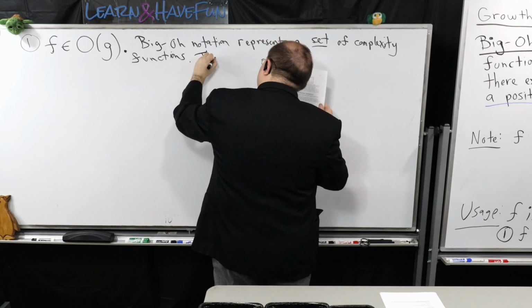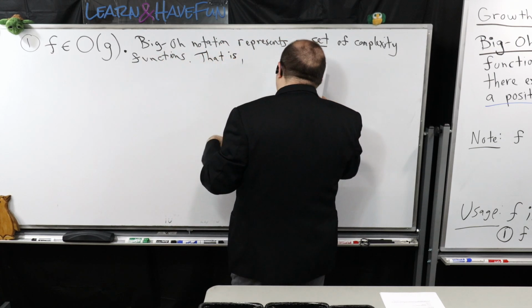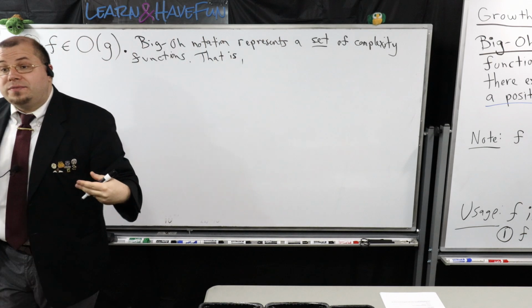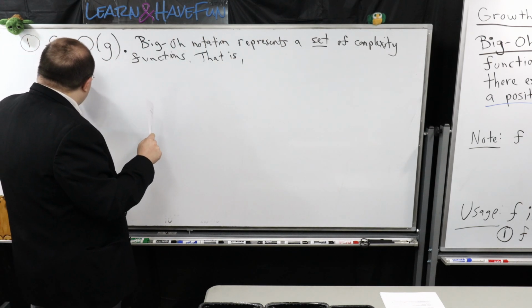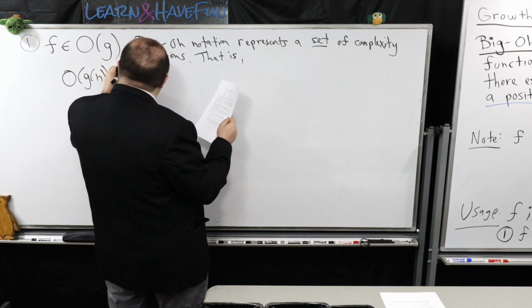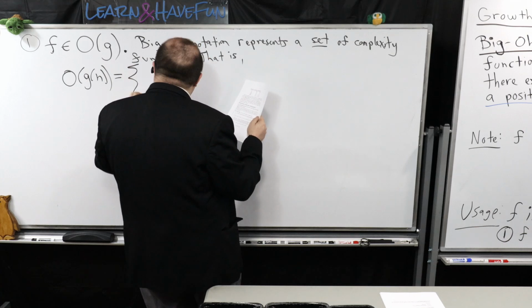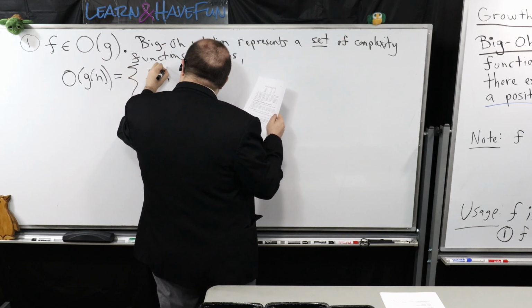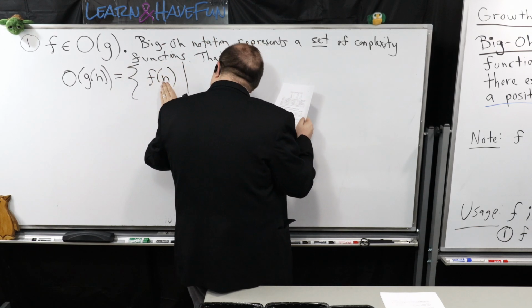That is, if I write something like big O of g, I can write this as actually a set of complexity functions.